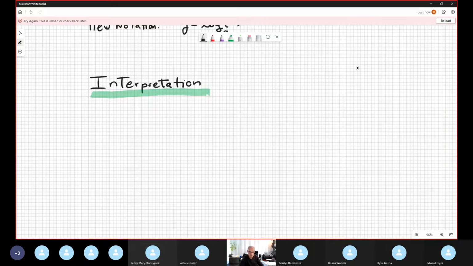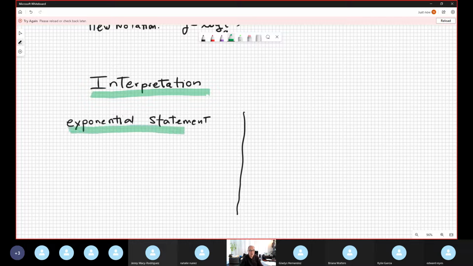To understand this, I propose you split the page in two parts. Here you put the exponential statement, and here we have the logarithmic statement.